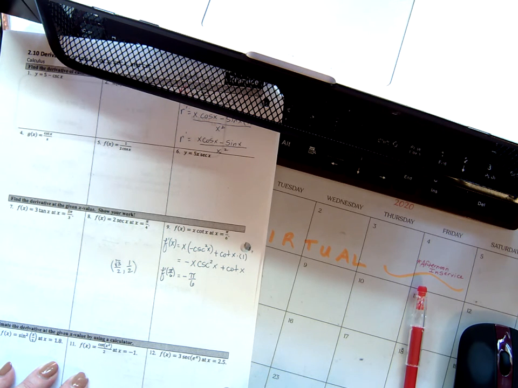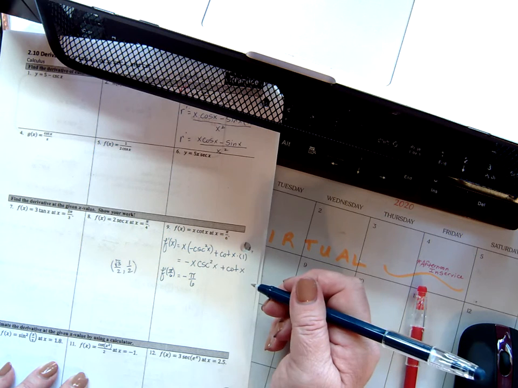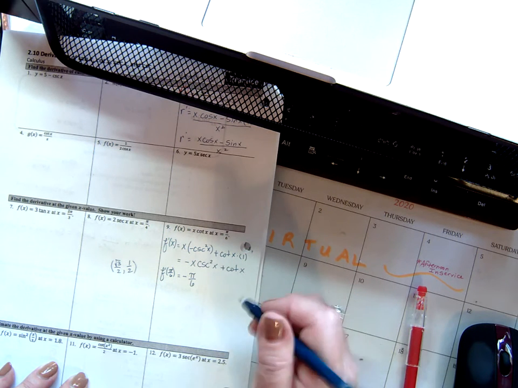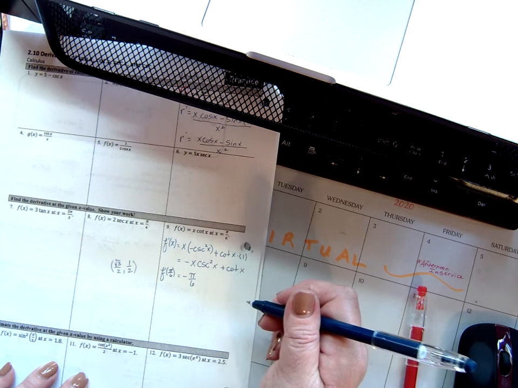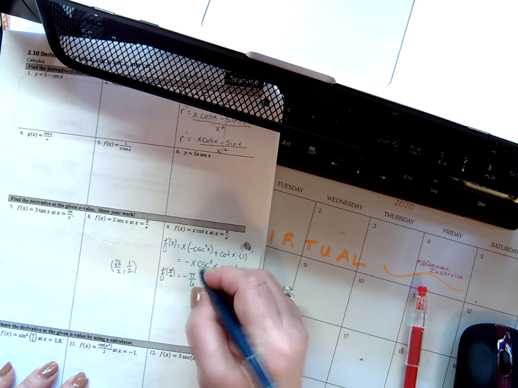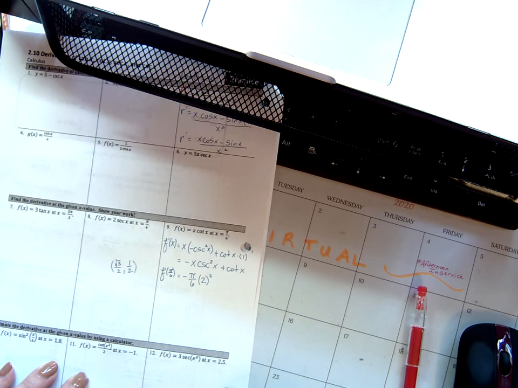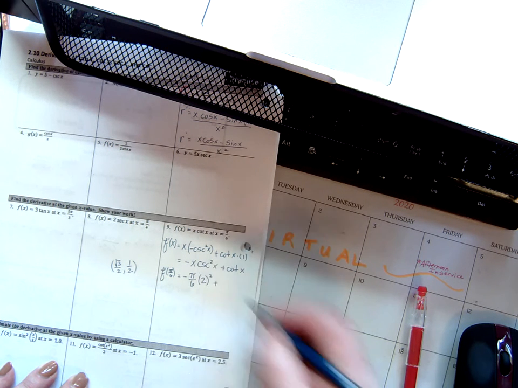All right, so cosecant. Now let me think about this for a minute. Cosecant is reciprocal with sine. Sine is the y value. I need to reciprocal the y value. So I need to call that a 2 squared, plus cotangent.